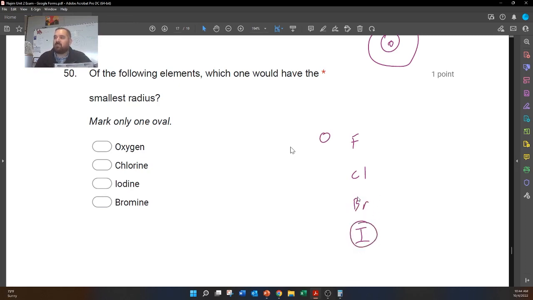This one is just a little bit smaller than iodine, but we know that every time we go down, we're adding an extra shell. The smallest element, because fluorine is not on this list, is going to be oxygen. It's got 1 shell. Actually, it's got 2 shells. And then chlorine has 3 shells. And it having that extra shell makes it much larger than oxygen. So the smallest element here is going to be oxygen.